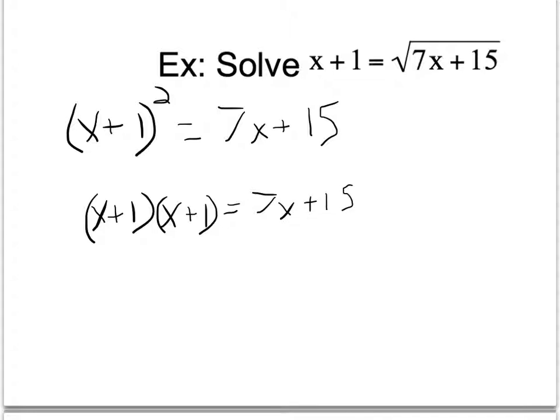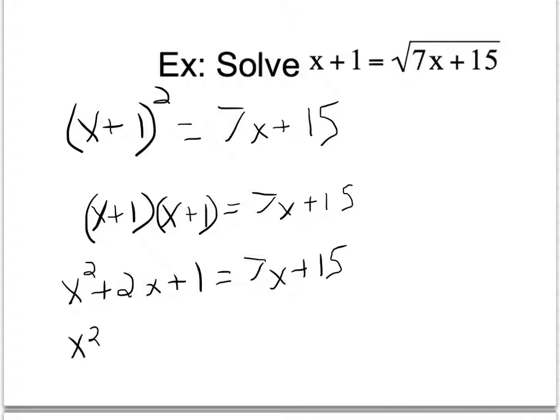All right, now I FOIL, so firsts are x squared, outsides and insides is plus 2x, lasts is plus 1. All right, and now I want to subtract my 7x and subtract my 15, so I'm going to get x squared, 2x minus 7x will be negative 5x, 1 minus 15 is going to be negative 14, equals 0.